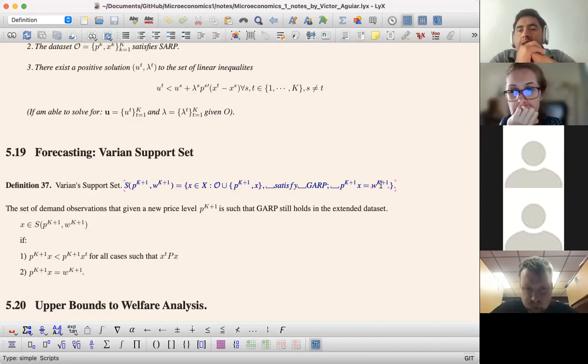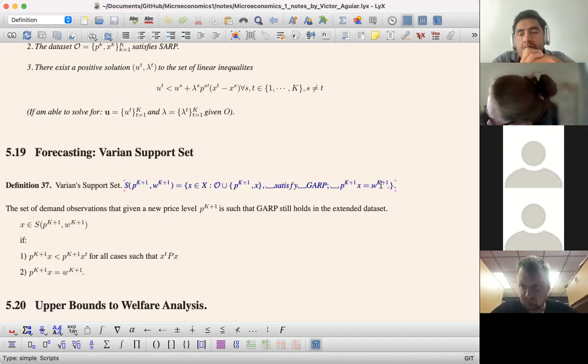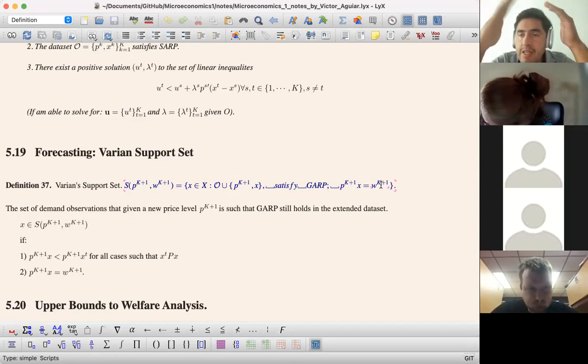So essentially, remember what GARP is doing. GARP ensures that there is a utility maximization generating the data, right? So basically, this set of X is essentially the set of all alternatives or bundles that are generated by some utility function, right?